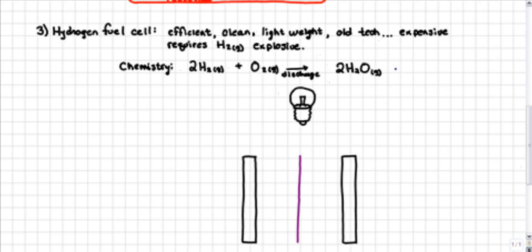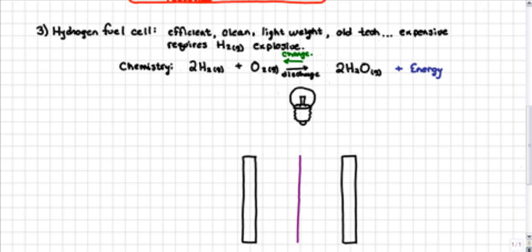And then, of course, there is the energy that is released. All right? And if you were to charge this cell, you would just convert, in effect, the liquid water or gaseous water back into hydrogen and oxygen. And this is an electrolysis process where water is electrolyzed to create hydrogen and oxygen, which can then be used again as fuel.